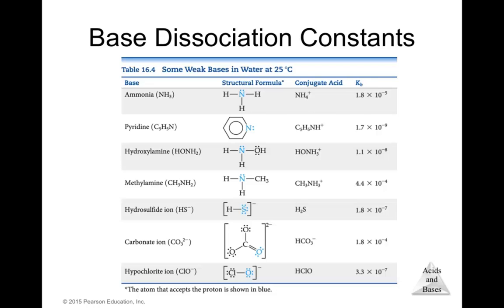Remember that strong acids or bases dissociate completely, so you're not going to find any Ka or Kb for a strong acid because it is completely dissociated. In solution, you're going to have 100% of the products of that dissociation. So here, the same as Ka, the higher the Kb, the stronger the weak base.